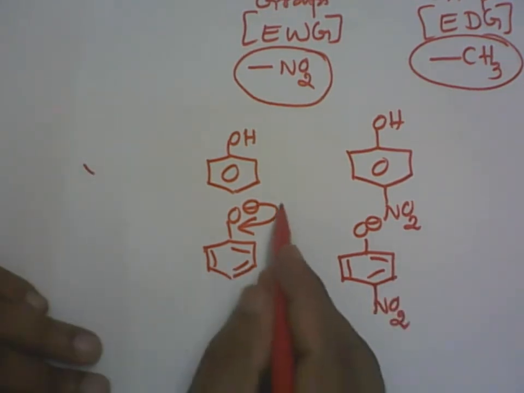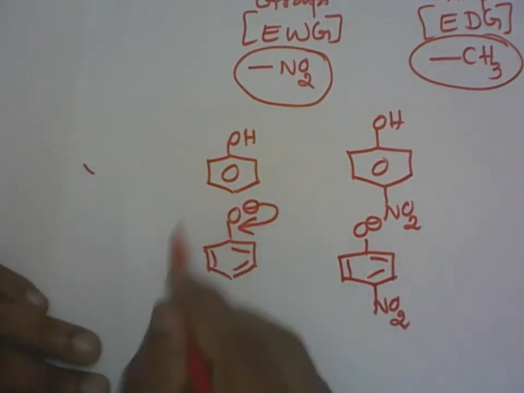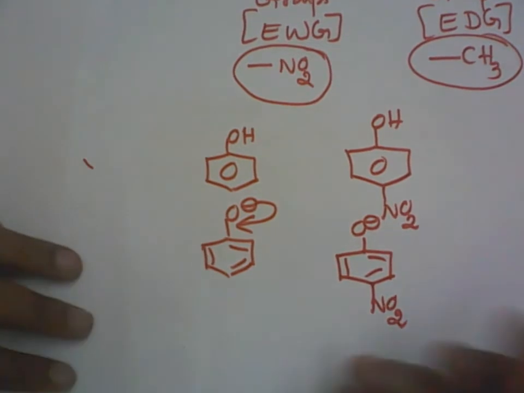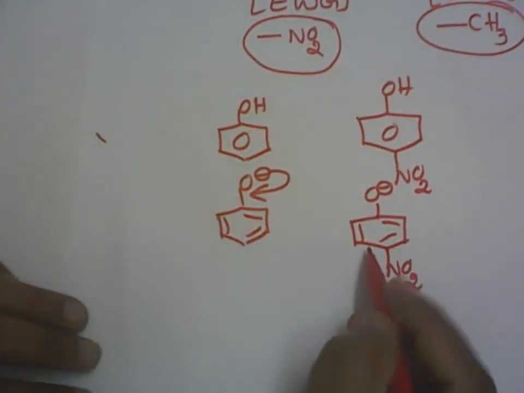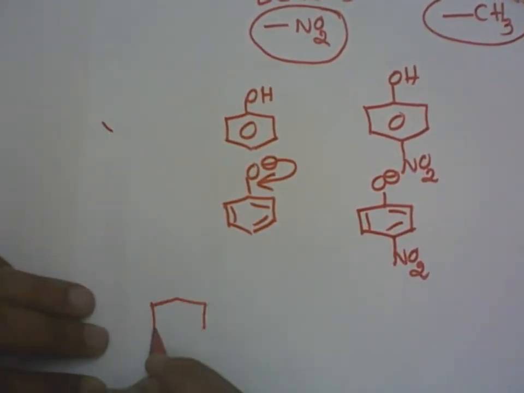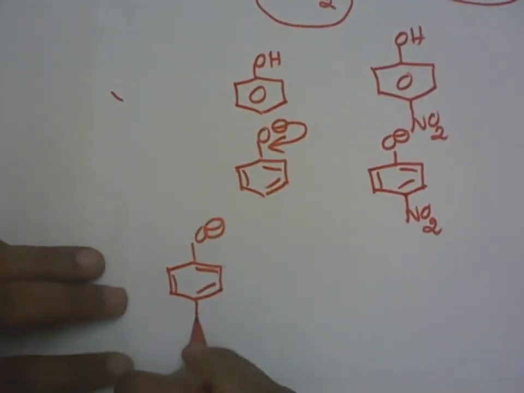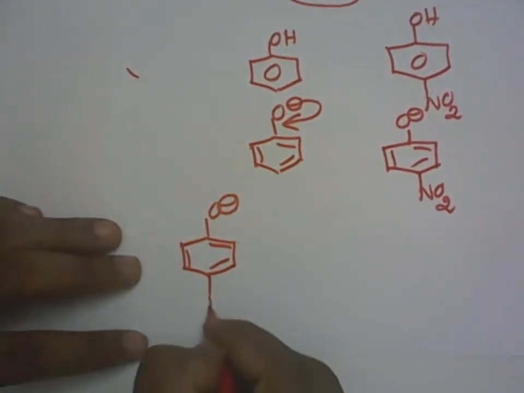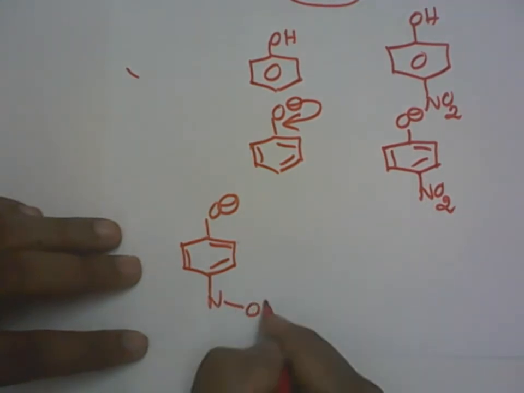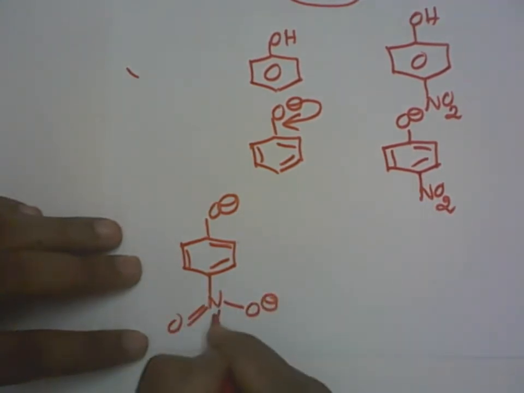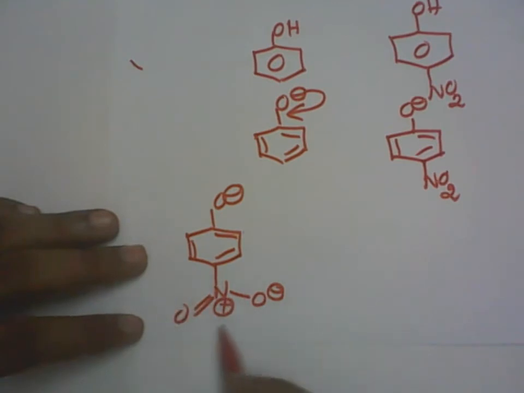Okay. Now this phenoxide resonance you have already seen, right? Now let me write for this. So I'll write this one again here. So we have now O minus. I'll split this in the form of bond, O minus, double bond and plus. This is the actual structure of the nitro group.